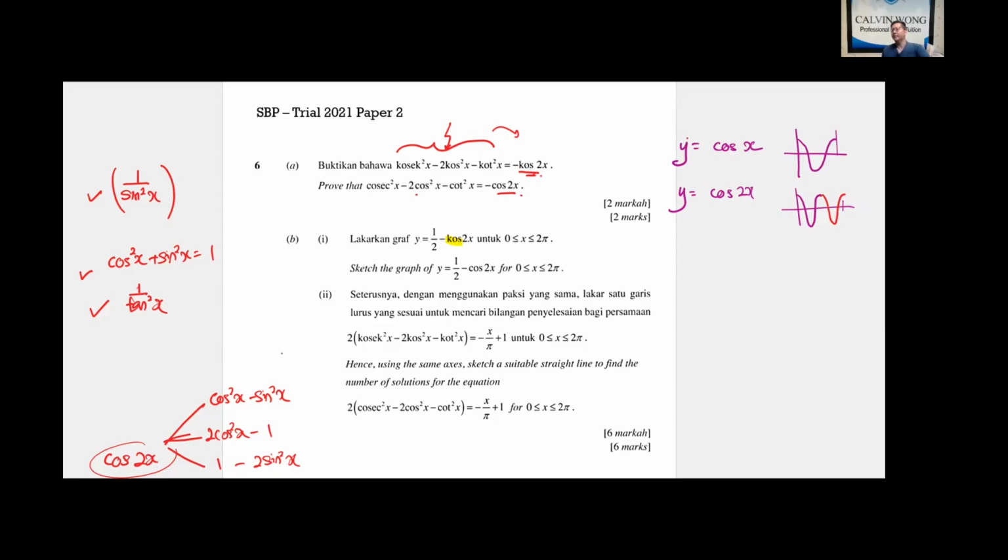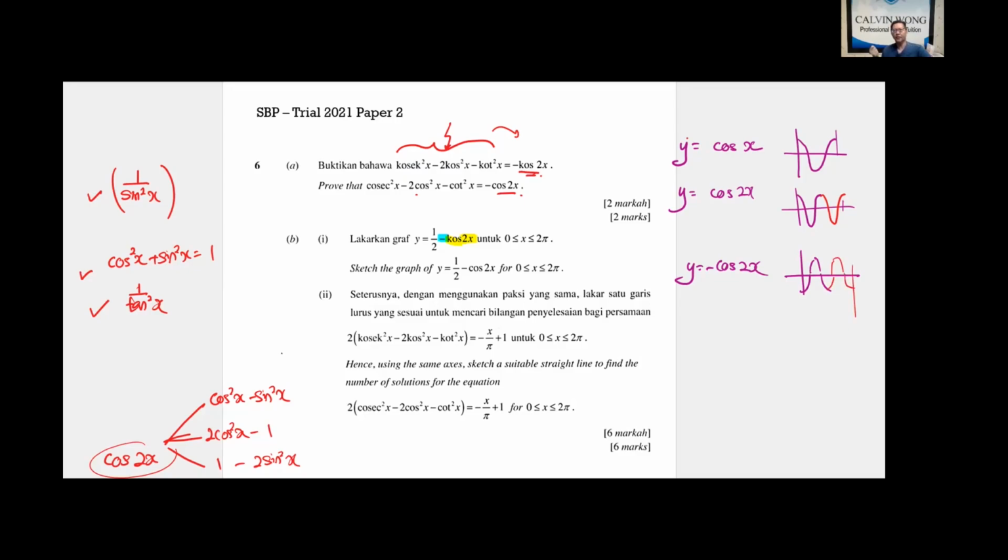So I have done this one. Then I will do something further. That is negative. Negative will flip it, "kebalikkan". 1 cycle, 2 cycles.